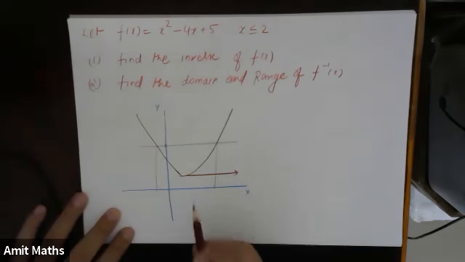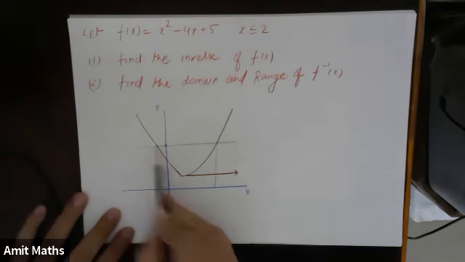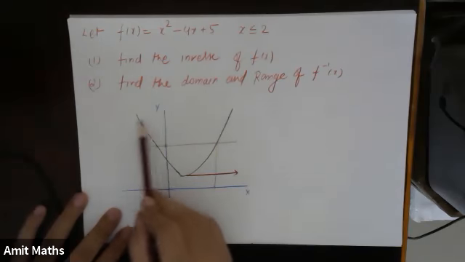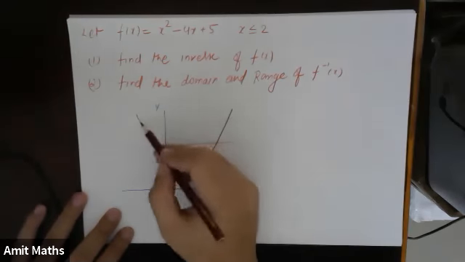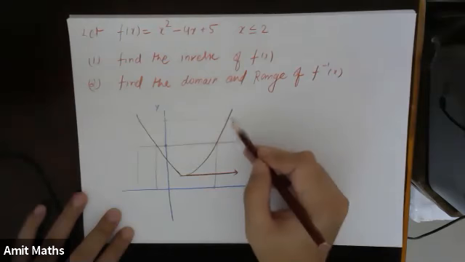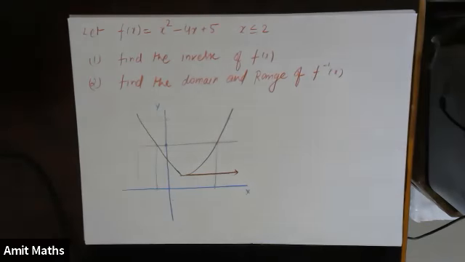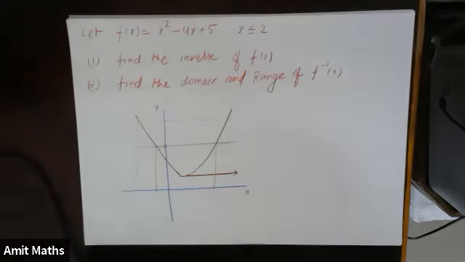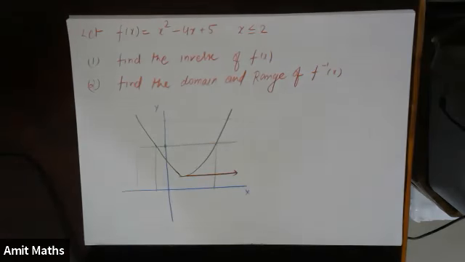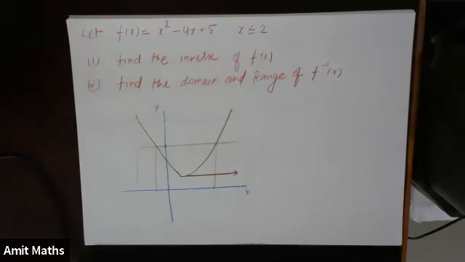So basically, if I ignore this part, this function is neither one-one nor onto.